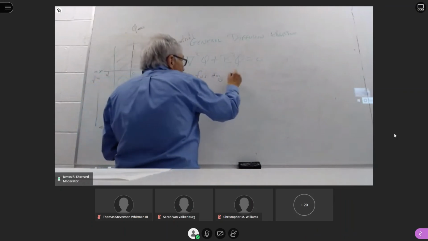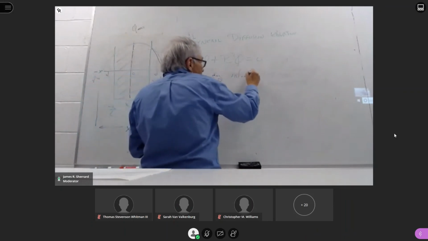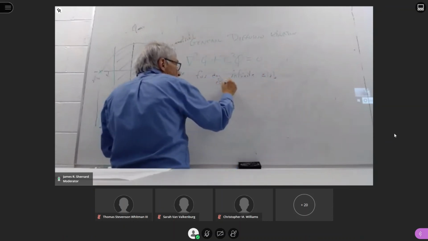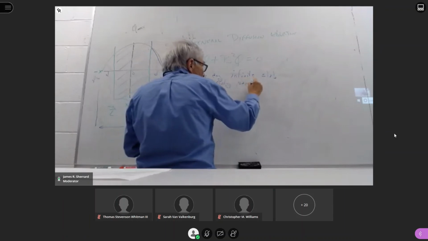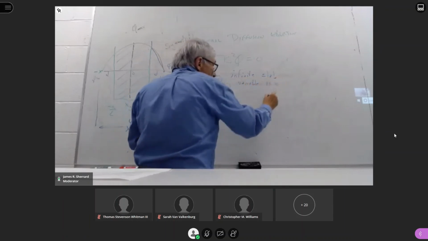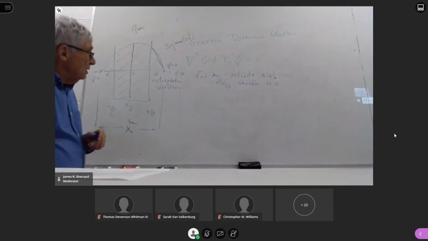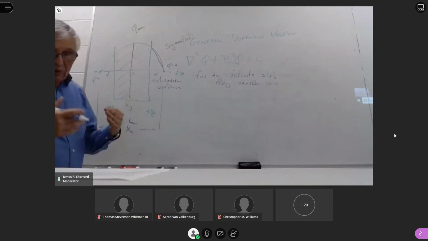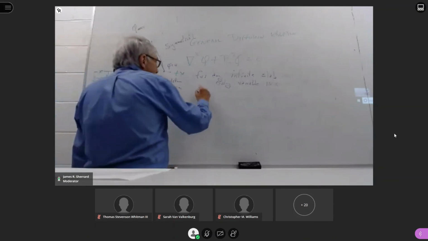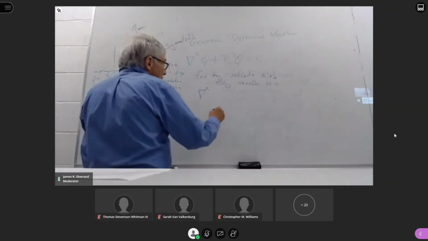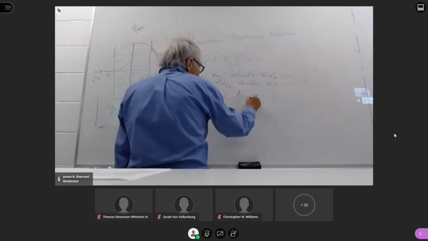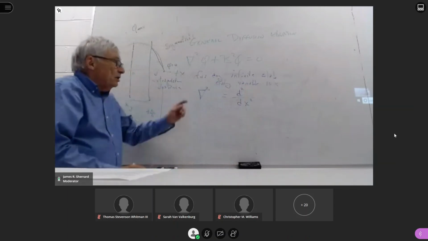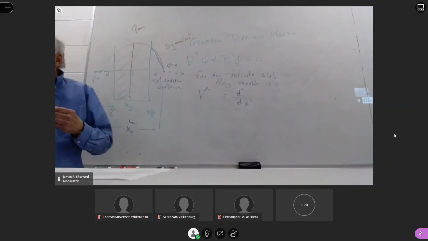For an infinite slab, the only variable is x, because the slab goes to plus or minus infinity for y and z, so it does not change. So my del squared operator becomes d2/dx2, because the only variable is x.